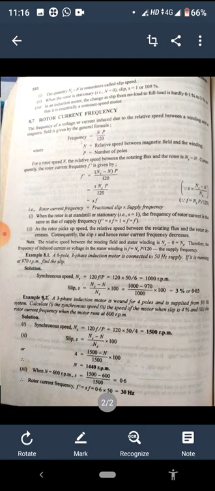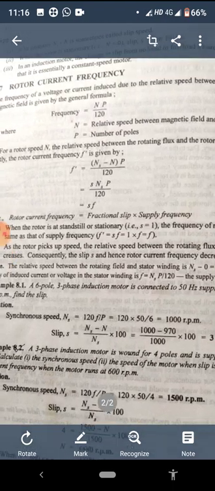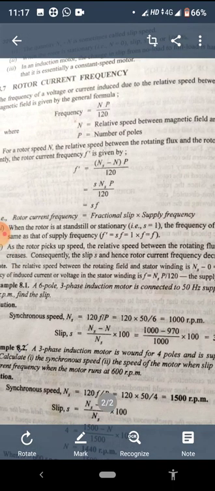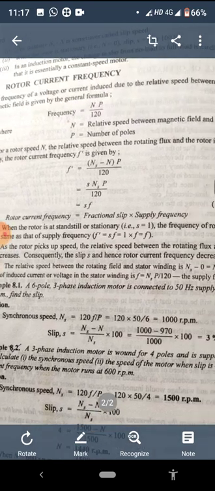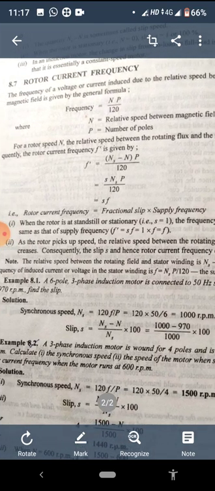On the basis of this slip, Ns minus N is called the slip speed. Then we have the rotor current frequency.